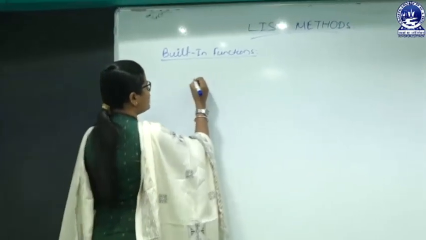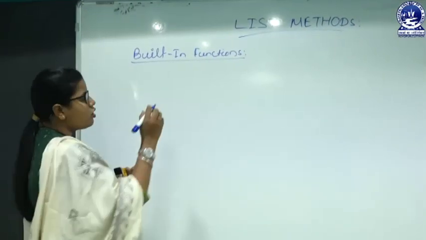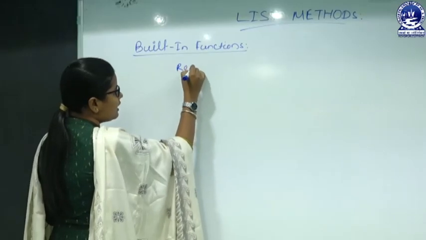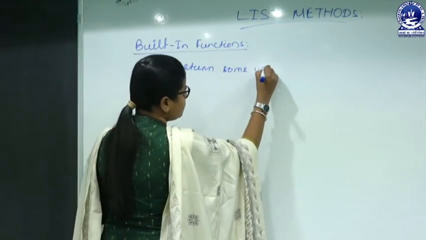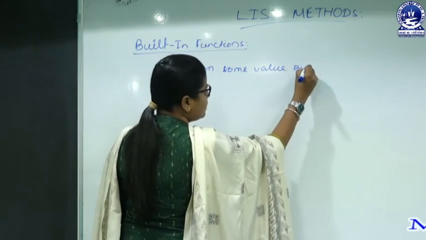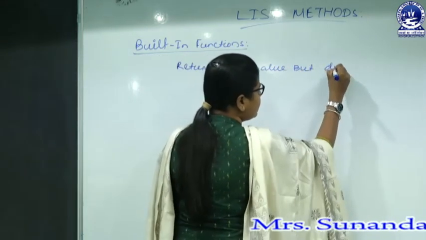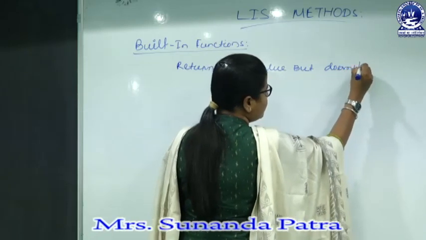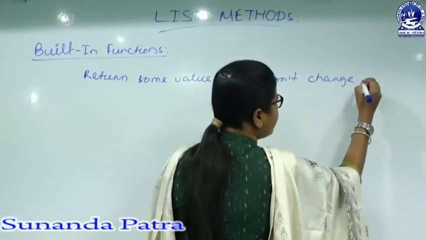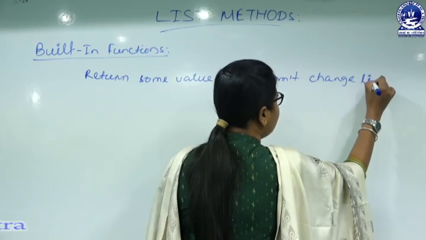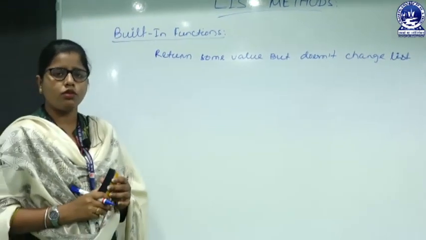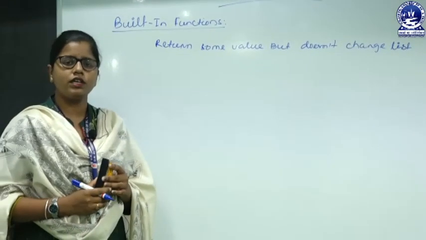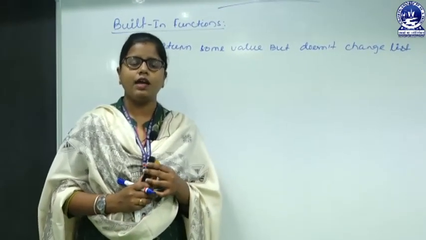Here we are discussing some functions which will only return some value but do not change the list. The list will not be modified here, simply that function will return some value. So among those functions we will discuss only two functions, that is count and index.